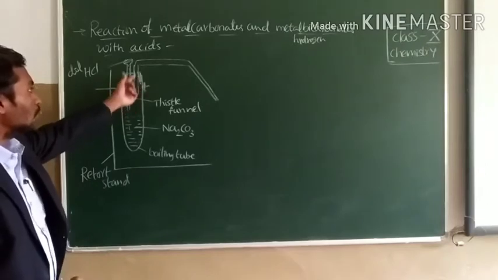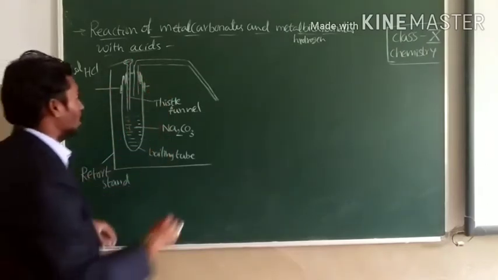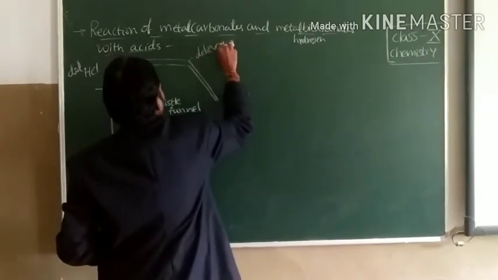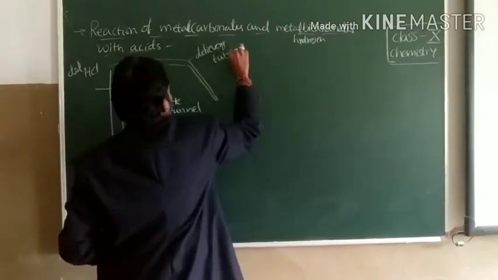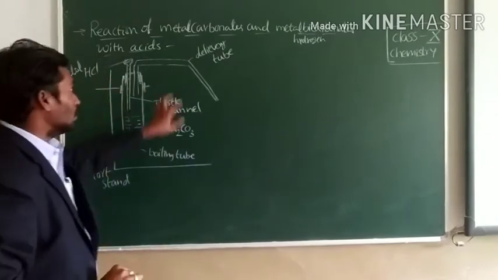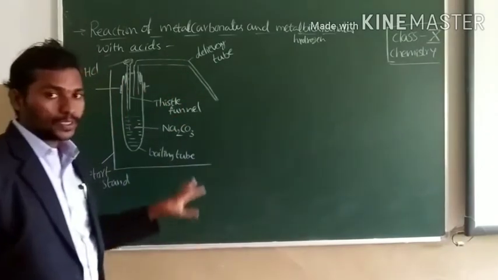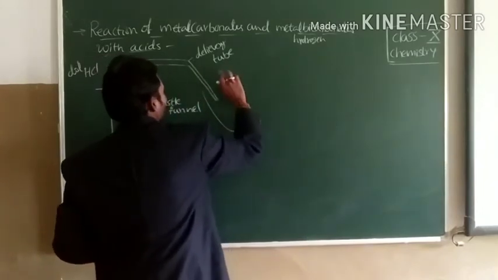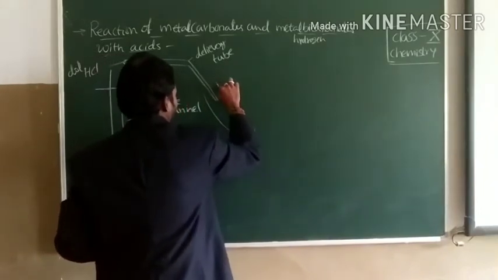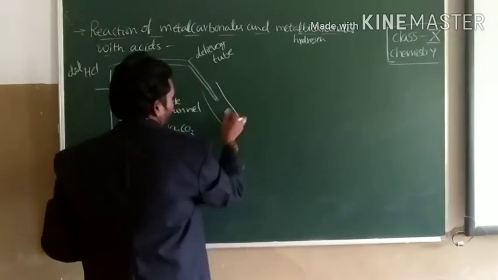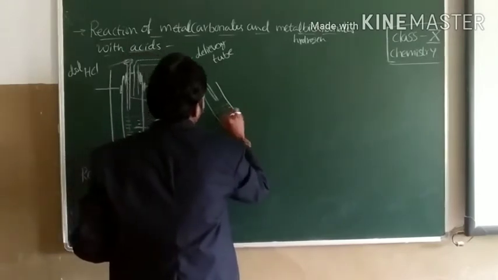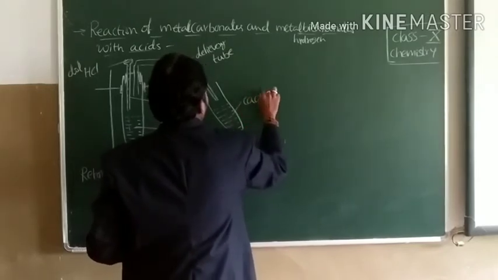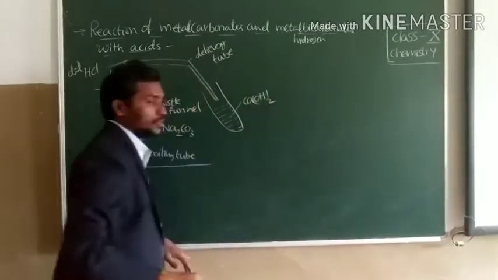Now in the other hole we place the delivery tube. The other end of the delivery tube is placed in a boiling tube, which has to be filled with freshly prepared lime water. The formula of lime water is Ca(OH)2.